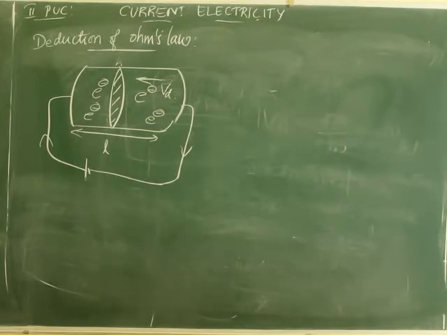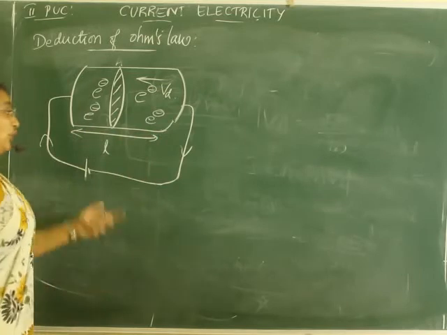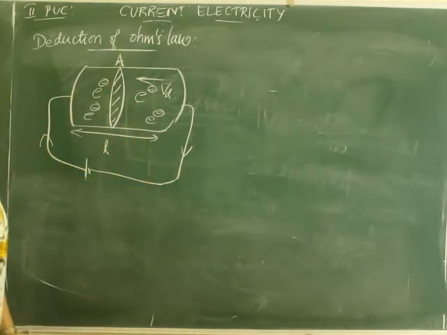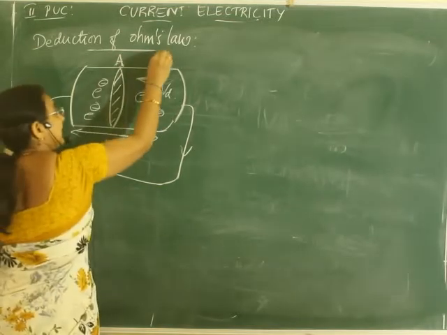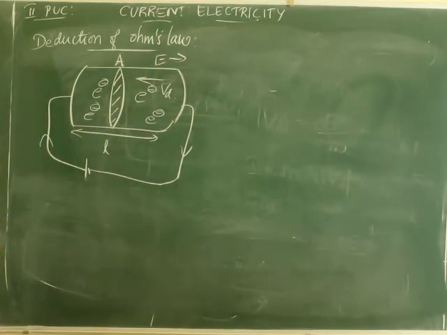This is common in almost all the derivations we have done till now. Let us consider a conductor of length L, area of cross section A. Let E be the external electric field applied. Then electrons will be drifted with the velocity Vd.